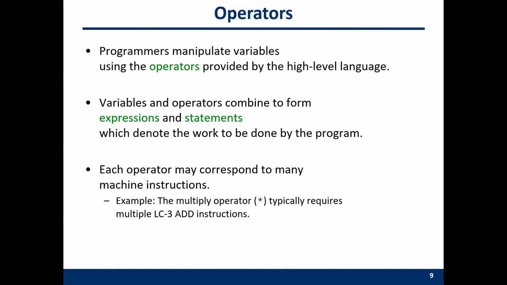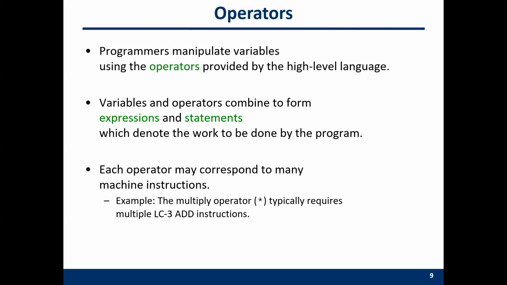We need operators to do the computation, and typically a high-level language provides you a lot of operators. So you can combine the variables and the operators into expressions. Each simple operator here can be translated into many machine instructions.